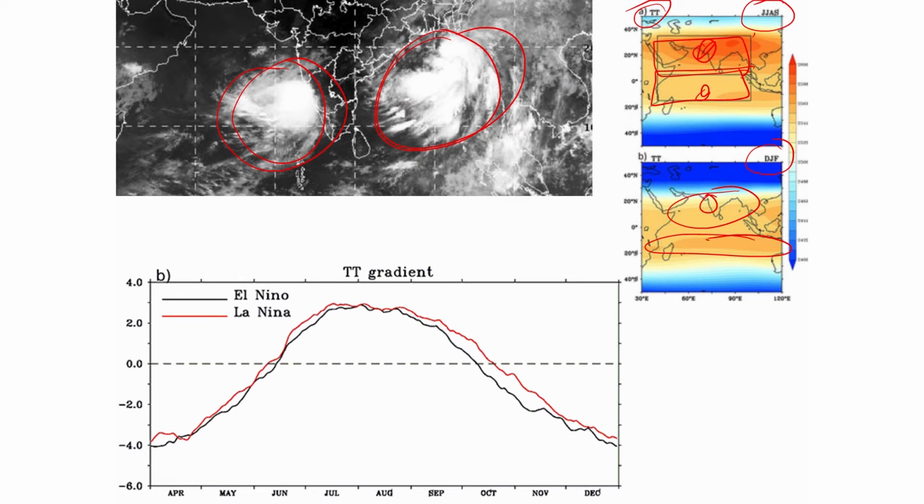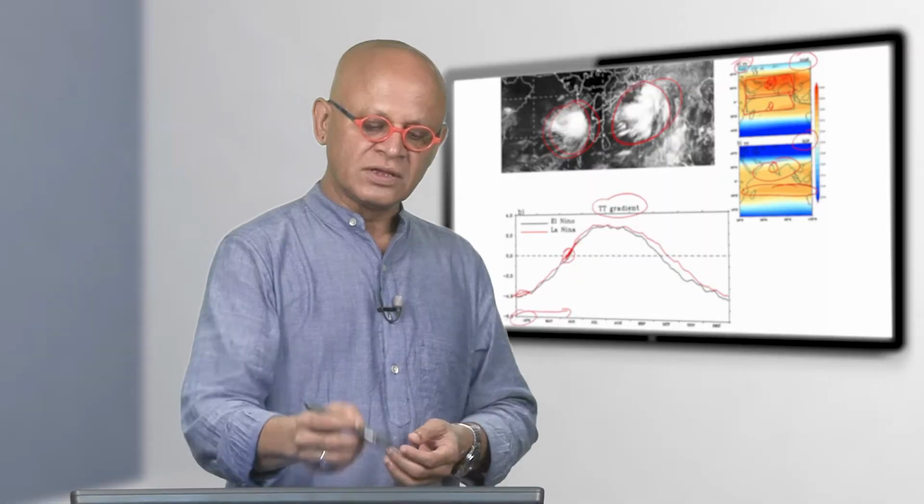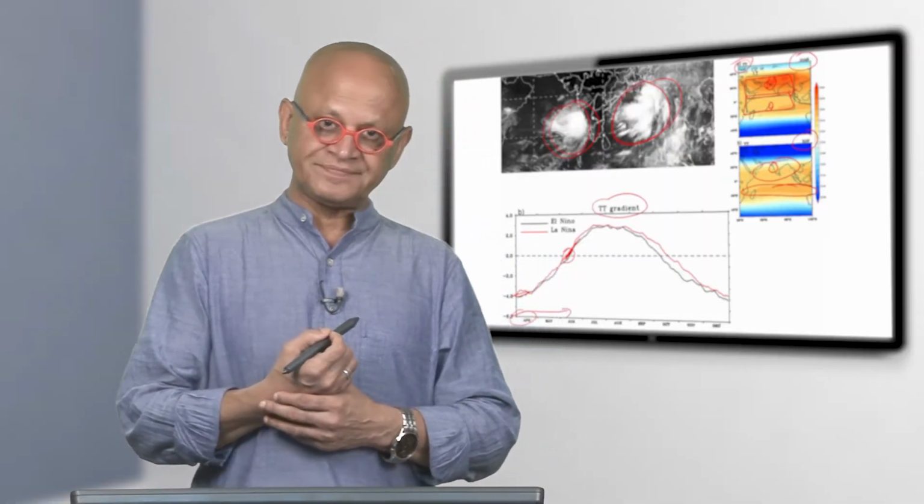So the so-called tropospheric temperature gradient will be negative. During the early part of the year, as the year marches on and the ITCZ wants to cross with the sun, the tropospheric temperature gradient changes from negative to positive, and this tends to indicate when the monsoon onset happens.